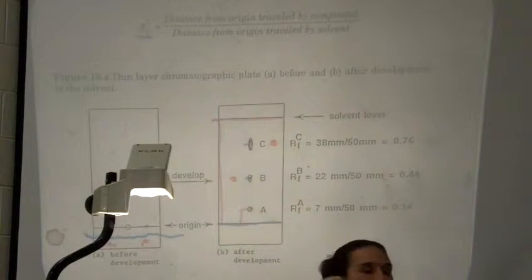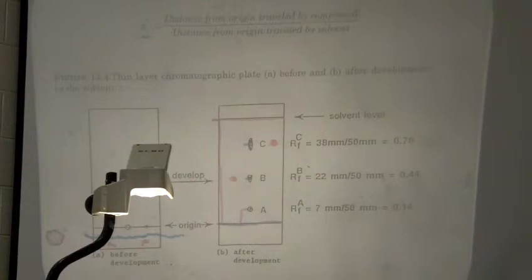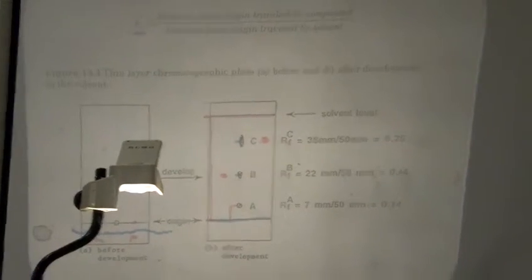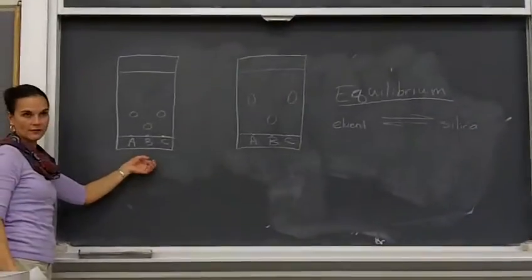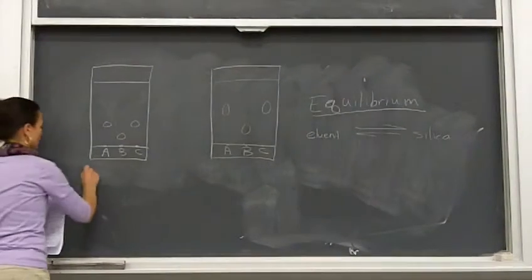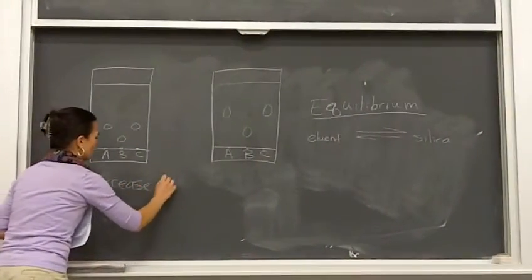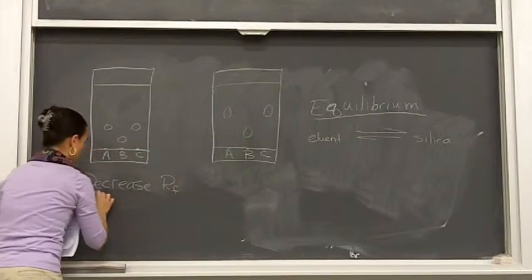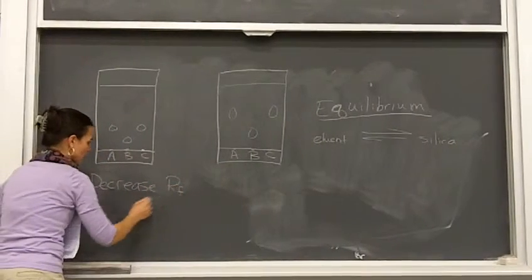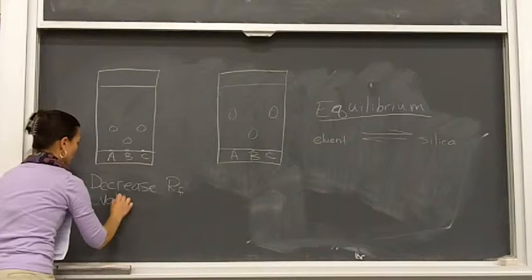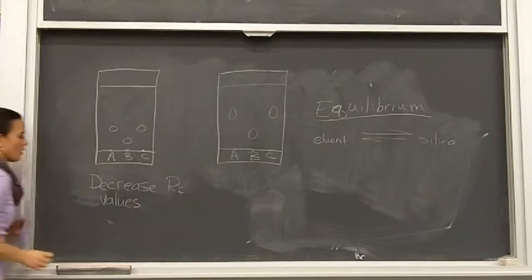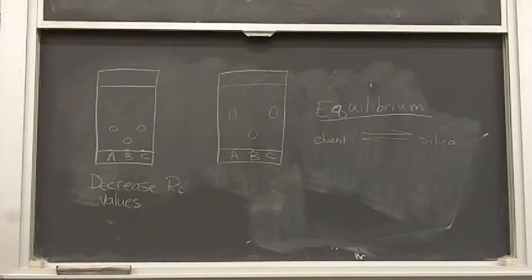So, with that definition of an RF value, if we want to decrease RF values, and it's R, capital R subscript F, what will we do to the polarity of the solvent if we want to decrease the RF value?